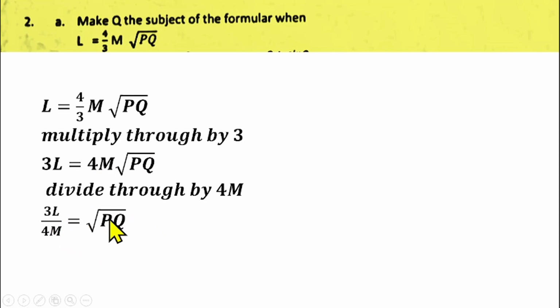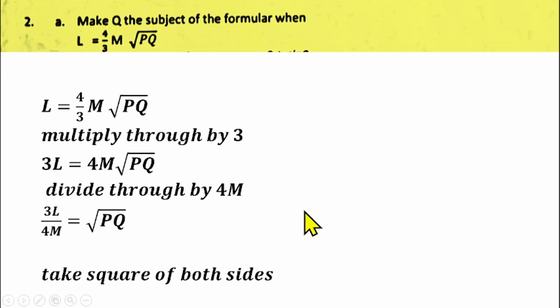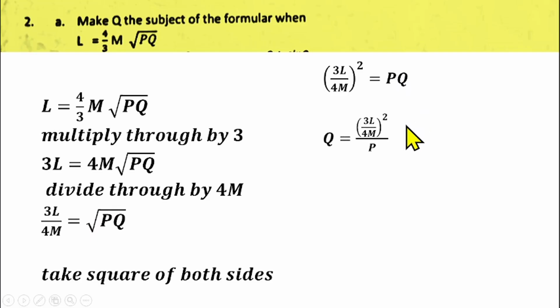Then how do we get rid of this square root? You take the square of both sides, so that will give us 3L over 4m squared equals, if you take the square of this, that will give us PQ. Then from there, to find our Q, divide both sides by P. You have Q equal to 3L over 4m squared over P, which can be simplified.